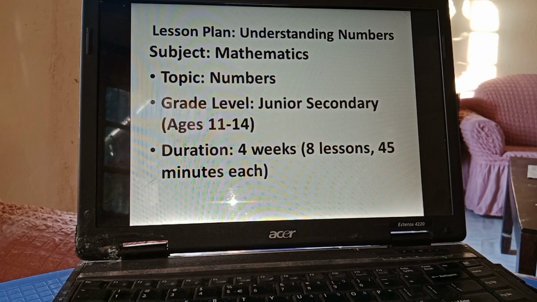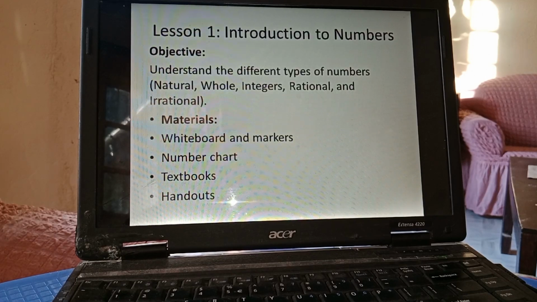So, the lesson plan, understanding numbers. The subject is mathematics, the topic is numbers, the grade level is junior secondary, and the duration is 4 weeks. In 4 weeks, you do 8 lessons, 45 minutes each. Lesson 1 is the one I'm very interested in.